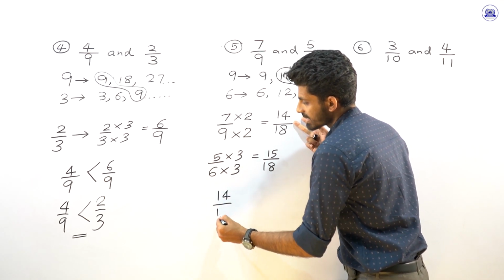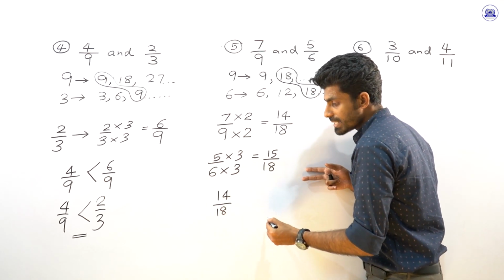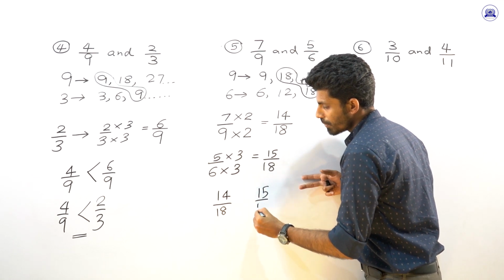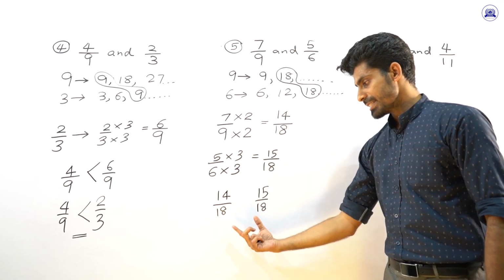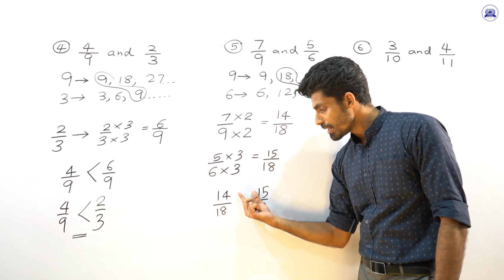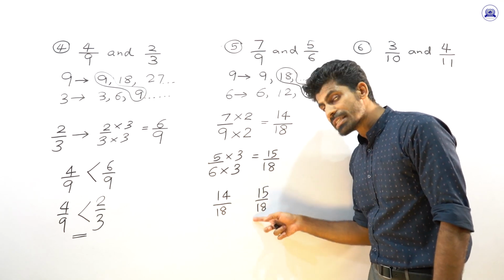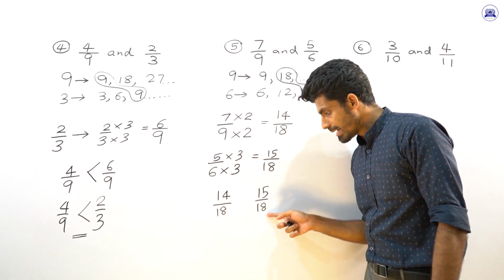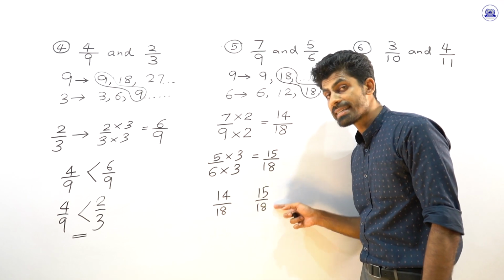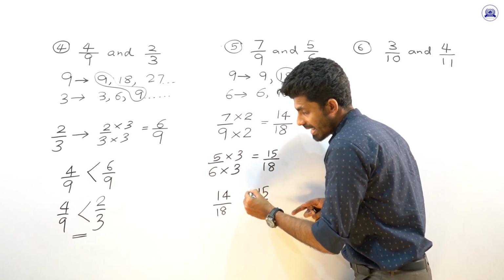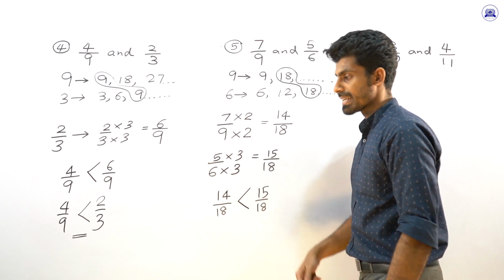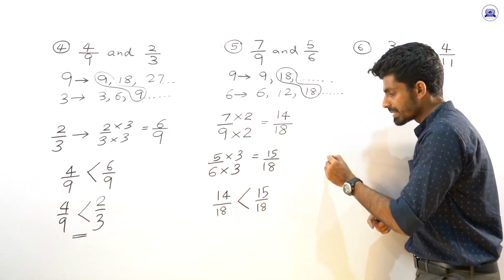So let's consider the fractions 14 over 18 and 15 over 18. Denominators are the same, just look at the numerator. This is the largest value, so this one is the largest fraction. That means you can use the sign. Do you remember the sign?